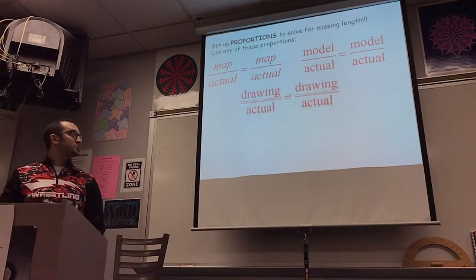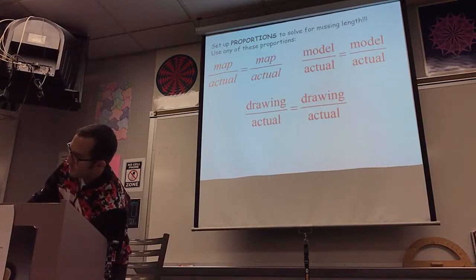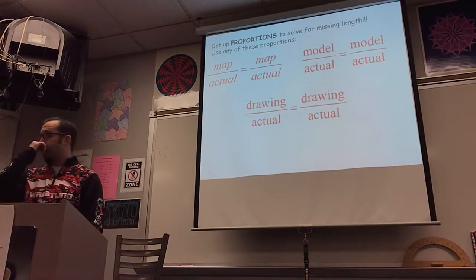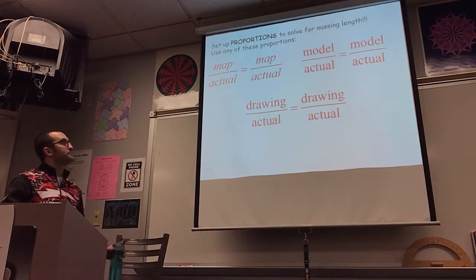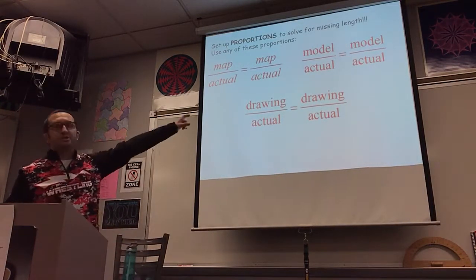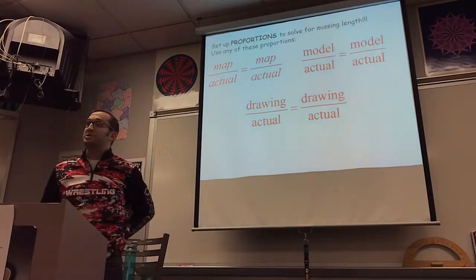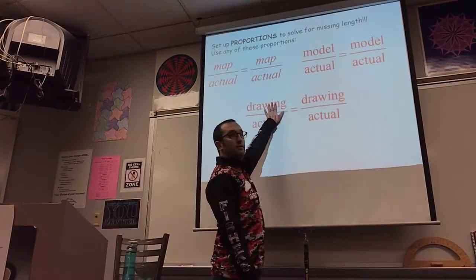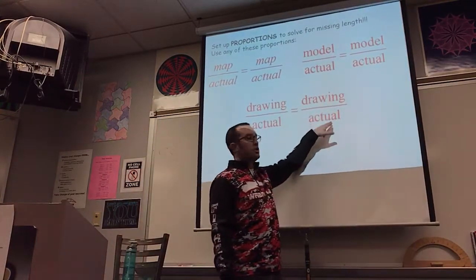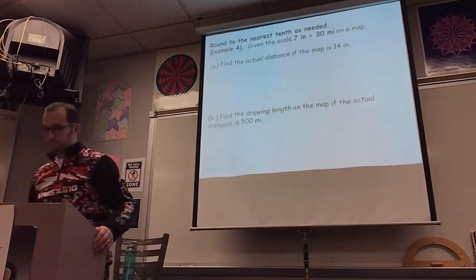If we're talking about drawings, it's going to be drawings over the actual. In every one of these cases, we're going to refer back to that every time. So you're going to be given one ratio. That ratio is our scale. The other ratio is the information from the problem. So we'll have the scale, and we'll have the information from the problem. We are going to be missing one of these. Okay, so that's what we'll have to figure out.